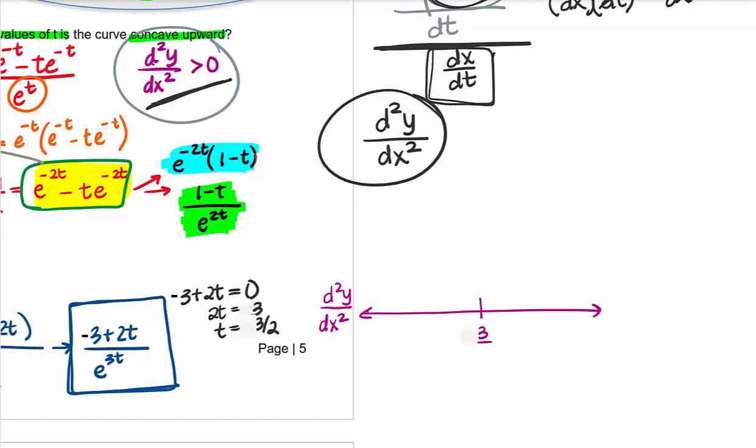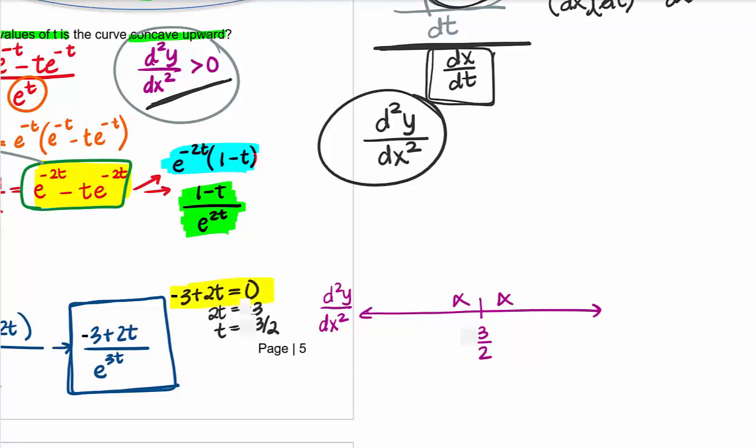This is where it is 0. And then I just test a number on this side and maybe a number on this side to see if my concavity is positive or negative, just using that second derivative test that we learned in Calc 1. We certainly could use technology to help us with this, but I think having a linear second derivative is not going to be all that bad to work with.